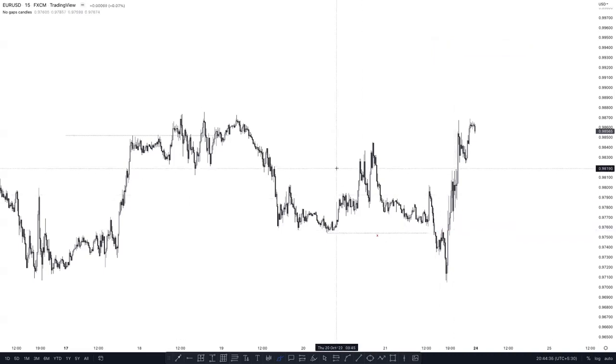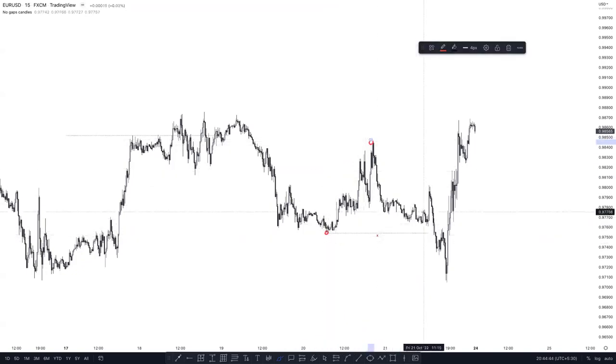But we need to mark as per the structure. Right now we have the structure here, lower low, lower high, it takes this low, pushes downside, taking out the inducement. The first area of interest for the sell is here, and the next is the extreme.